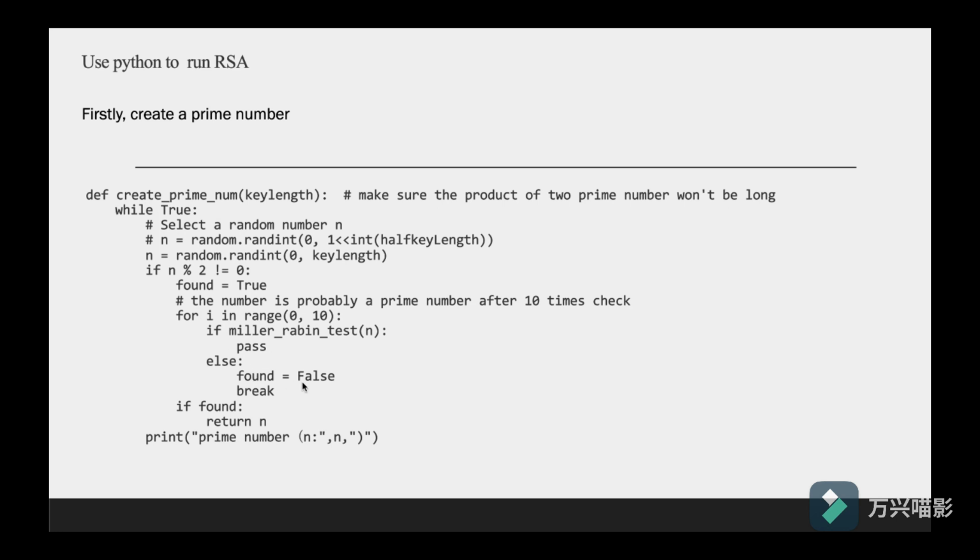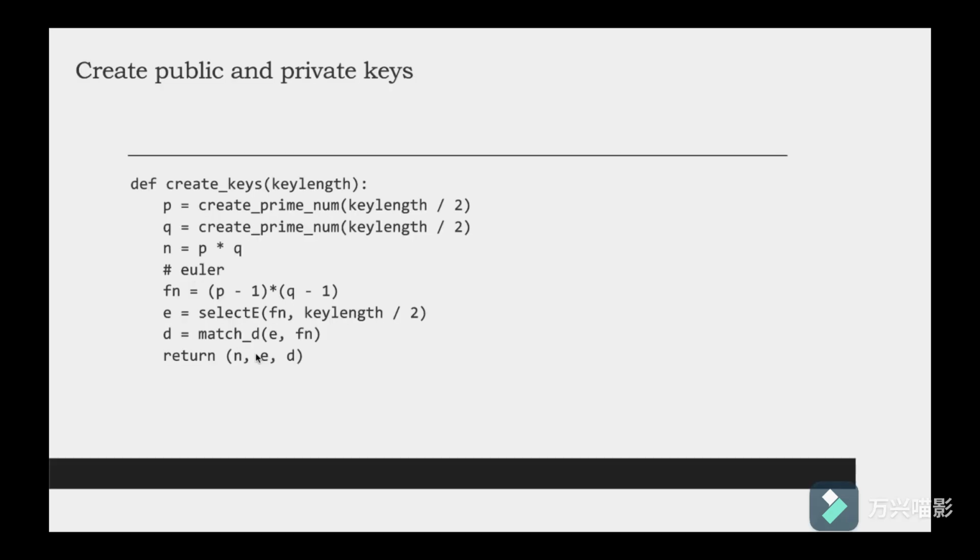If it fails the test, then it is not a prime number, right? So it will go here again and generate a new random number. So eventually it will give us a prime number. After generating the large prime number, it will be easy now.